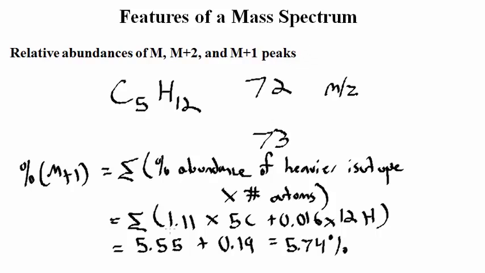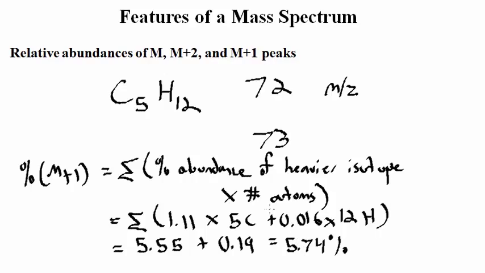We have the natural abundance, 1.11% of C13, times the number of carbon atoms, plus the same for the heavier isotope of hydrogen, 0.016 times the 12 hydrogens in the compound. That comes out to 5.74%.